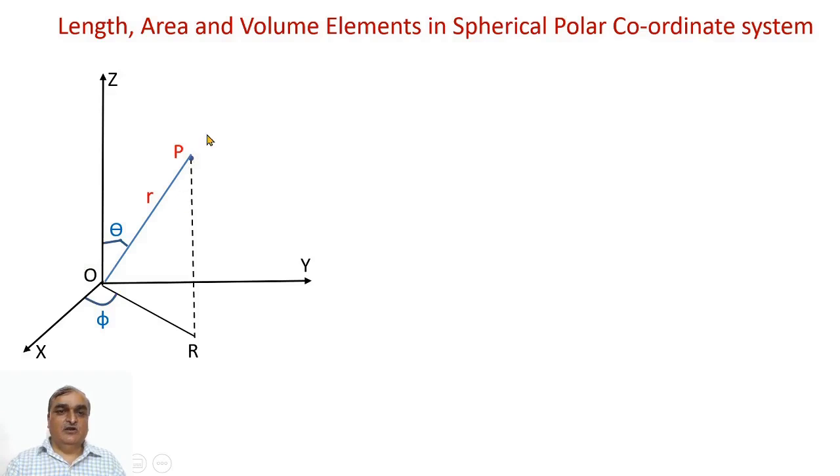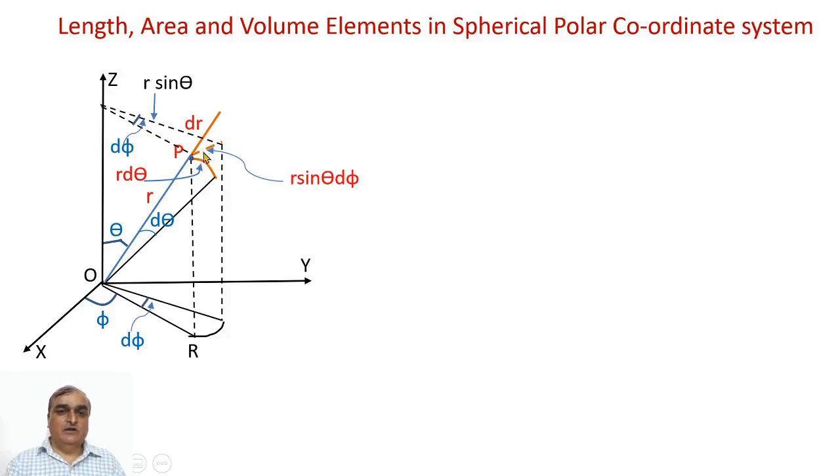If we move this point along the r curve, then we get the displacement dr, and the unit vector along this r curve is er cap. If we move the point along the theta curve by a small angle d theta, then this displacement is r d theta into e theta cap, because the tangent to this curve is e theta cap.